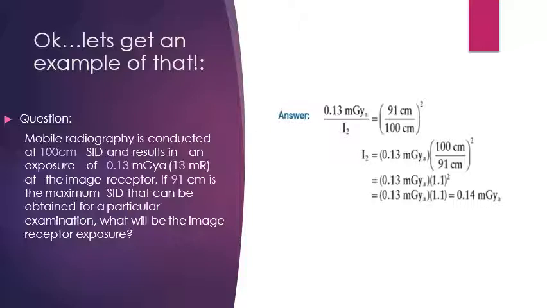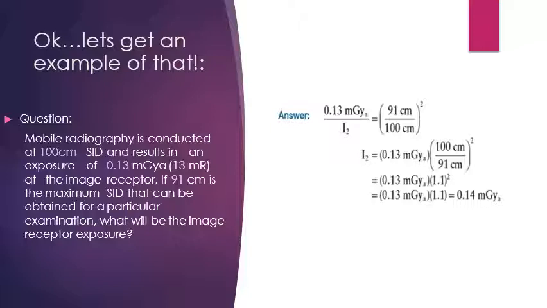If 91 centimeters is the maximum SID that can be obtained for a particular examination, what will be the image receptor exposure? So since we know that we're looking for an exposure, we know that we're going to be looking for an intensity. So that's going to be our intensity 2. Our intensity 1 is 0.13 milligray.